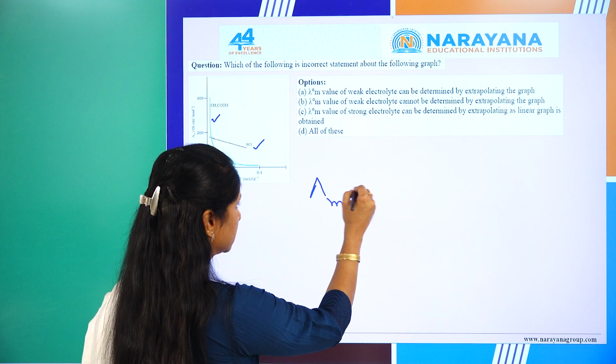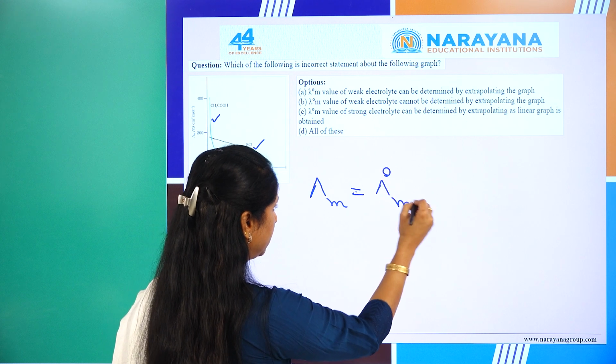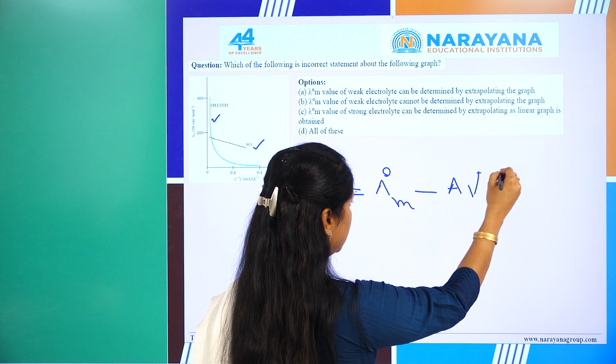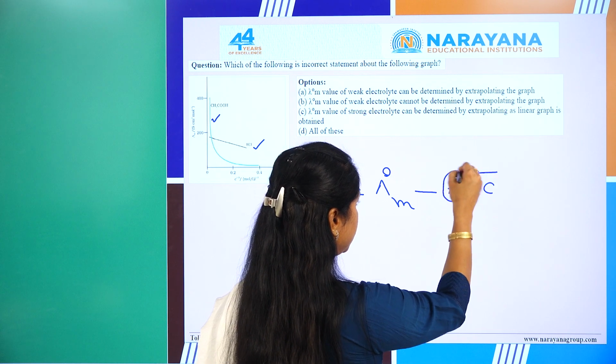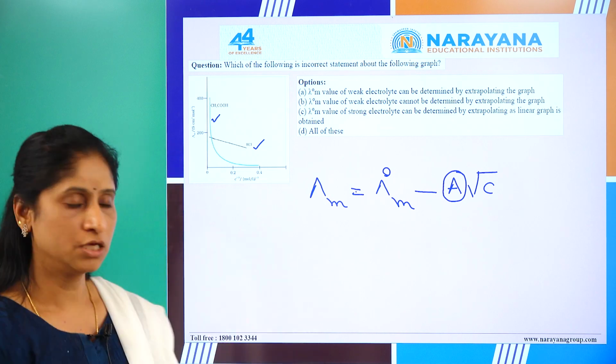Molar conductance is given by the Debye-Huckel-Onsager equation: limiting molar conductance minus A square root of C, where A is a constant that depends on the nature of the electrolyte or salt taken.